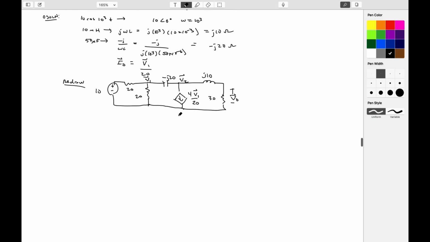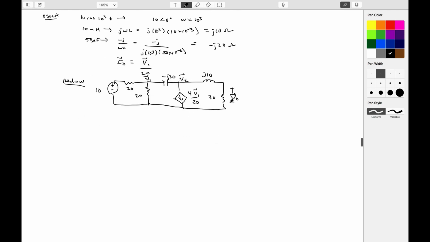All right, so I'm going to do two equations, two unknowns. Once I have V2, I can do voltage division to find V naught. Let's start at node 1. At node 1 we have 10 minus V1 over 20 coming in, minus V1 over 20 going out, minus V1 minus V2 over negative j20 is equal to 0.